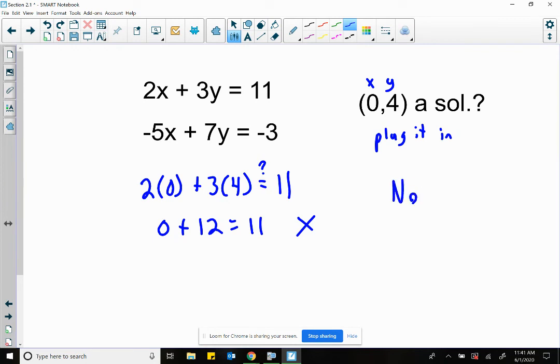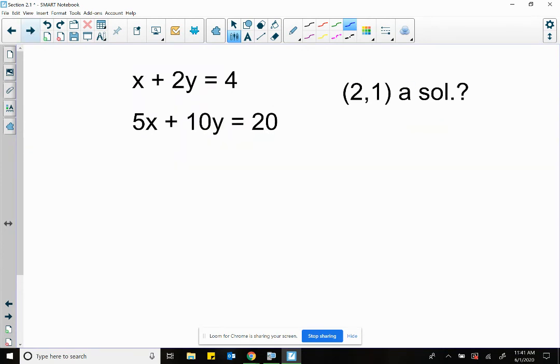No. If it did equal 11, then I would plug it into the next one, and as long as this equaled negative 3, I would have said yes. But because it didn't work here, because 12 is not 11, the answer is no, it's not a solution. Okay? Try this one on your own and go.